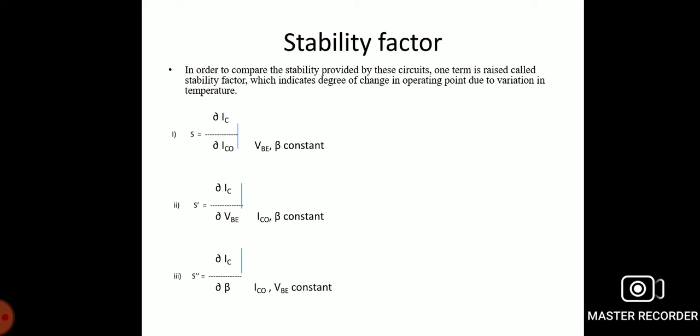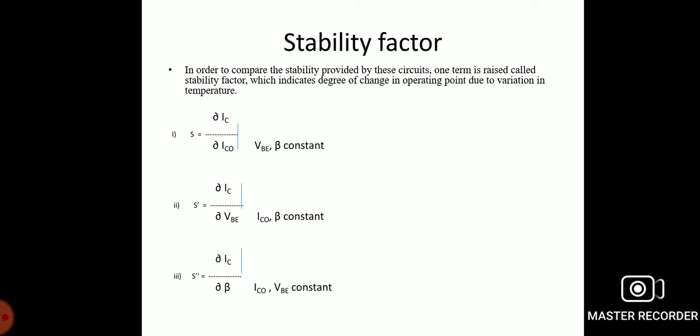So we take the ratio between the input voltage and the output current. What are the constant parameters? Collector leakage current and beta. It is the second condition of the stability factor, which is used to improve the accurate, stable output of the BJT configurations.